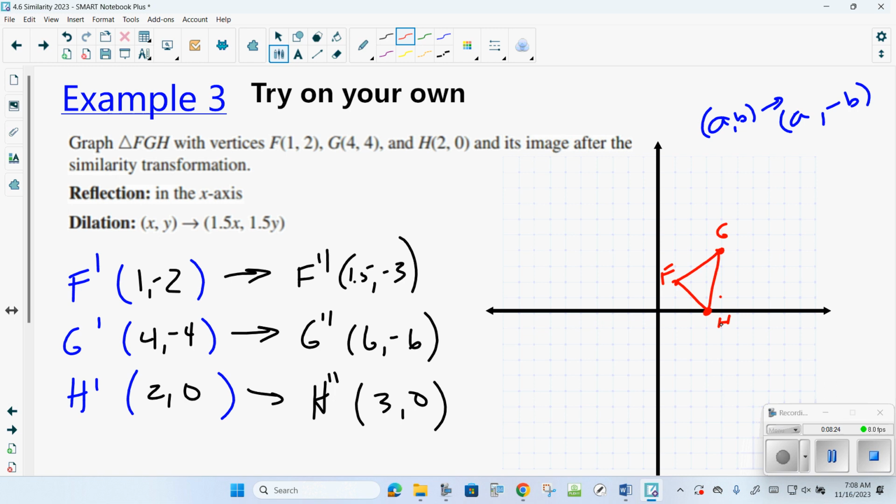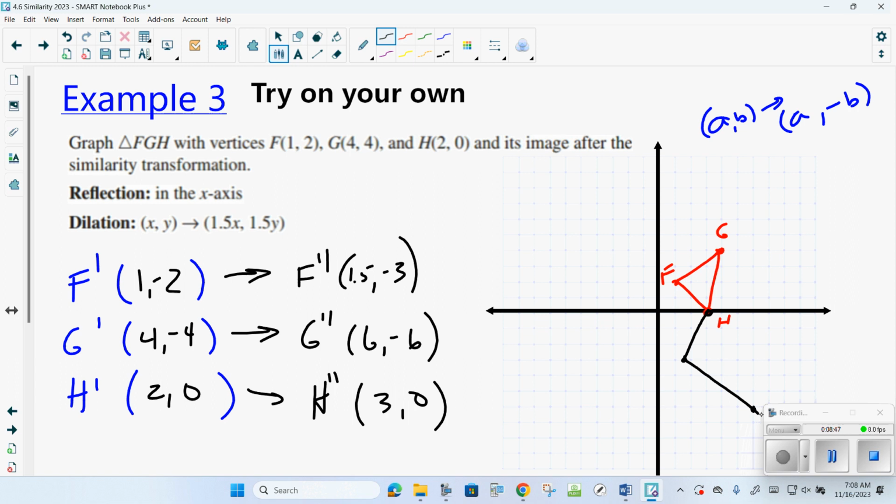And now I'm going to do the ending, or the image triangle. 1.5, negative 3. So that one's off by 1 there. 1.5, negative 3. 6, negative 6. And 3, 0.